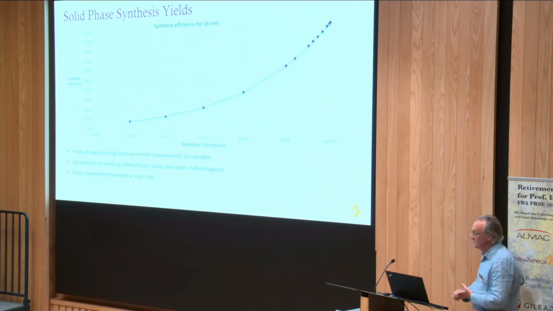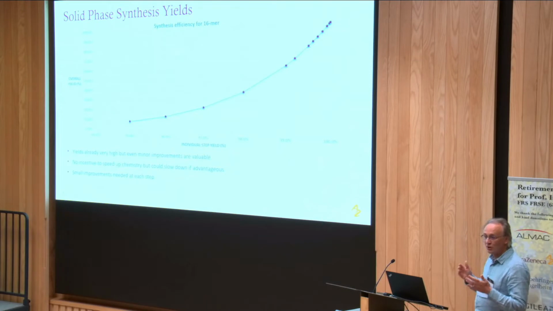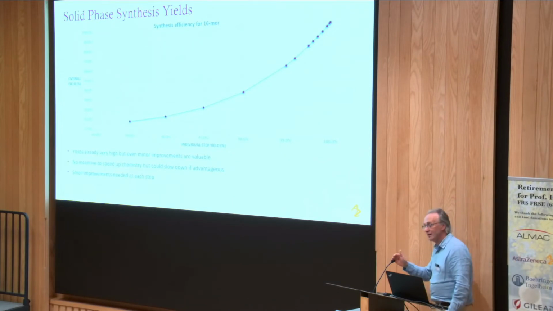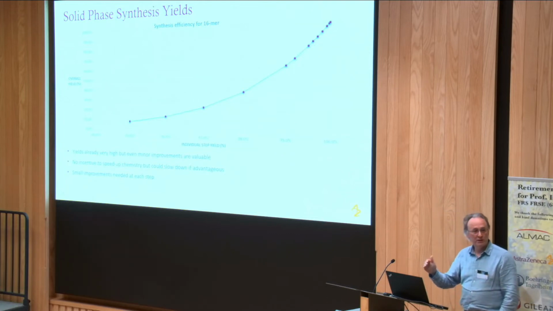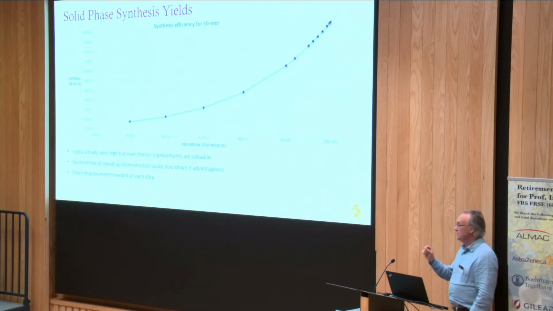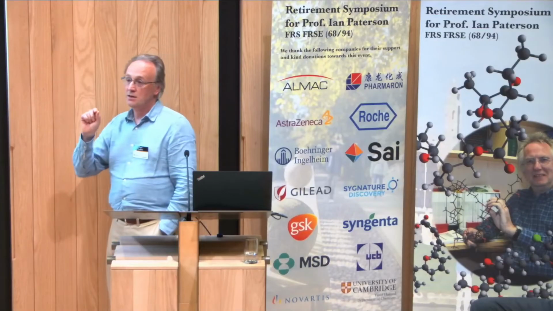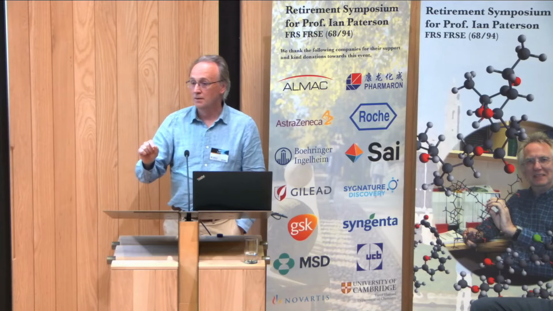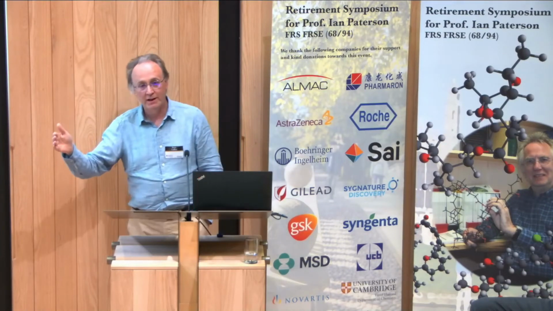you have to face up to the fact that if it's a 16mer and you've got a 99% yield on every one of those reactions, you only end up with a 60% yield when you take it off the column. And what's even more important is that you've got 40% of other oligos in there, because all those impurities are oligos which then come off with you.